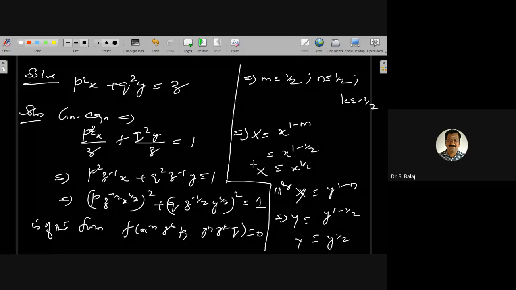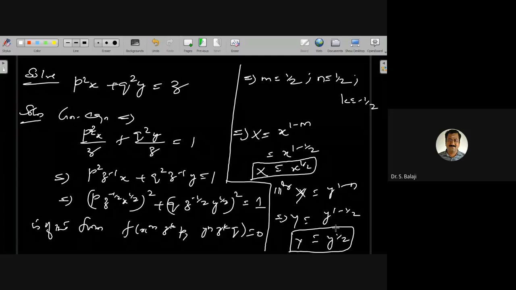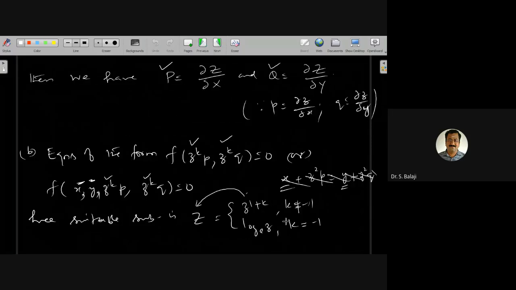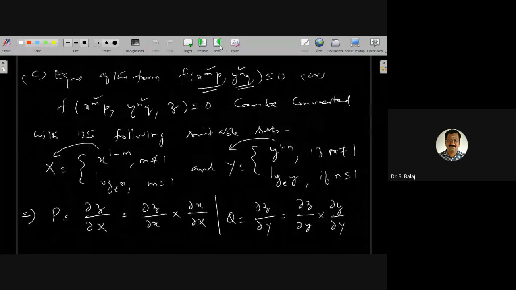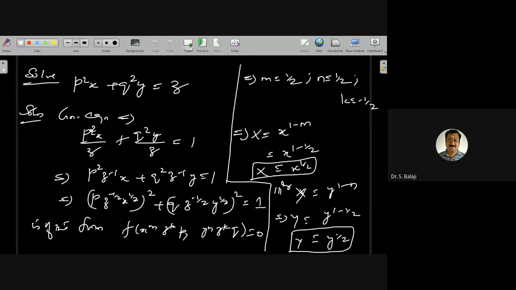And for capital Z, k is not equal to minus 1, so you can put z power 1 plus k. That type of idea we can follow: capital Z is equal to z power 1 plus k.